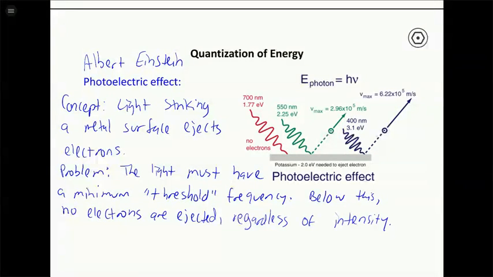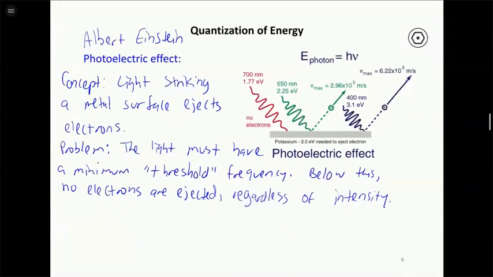And the prevailing idea at the time was, okay, just dial it up, turn up the intensity, hit it with a bigger hammer. But no matter how intense the light was, if it had this same wavelength and frequency of 700 nanometers, nothing happened. It didn't matter how much they dialed up the intensity.